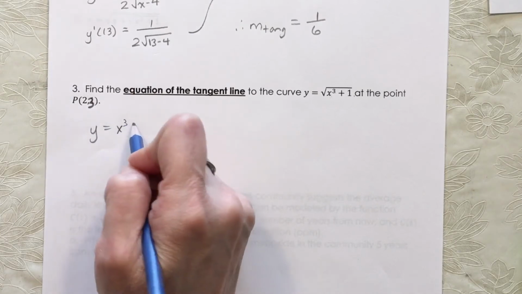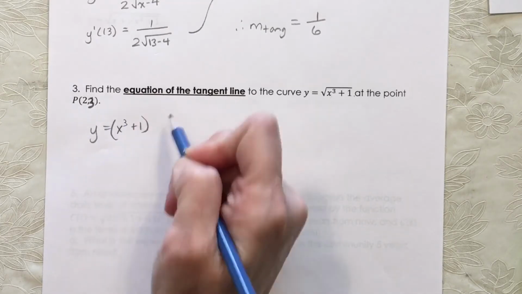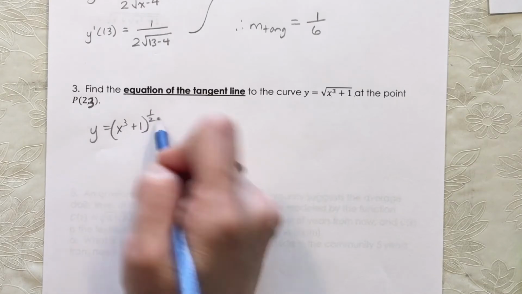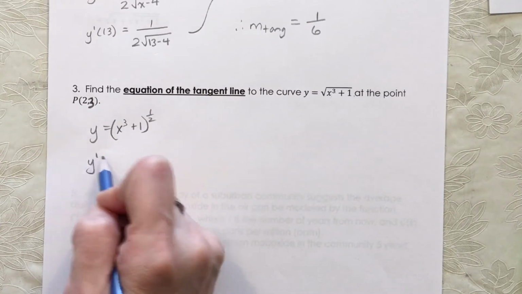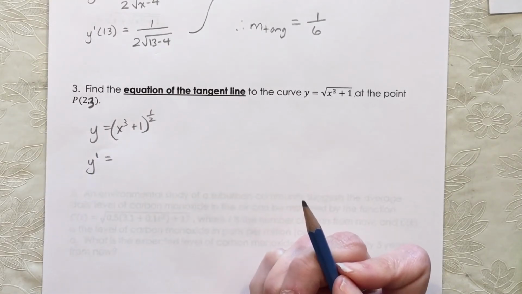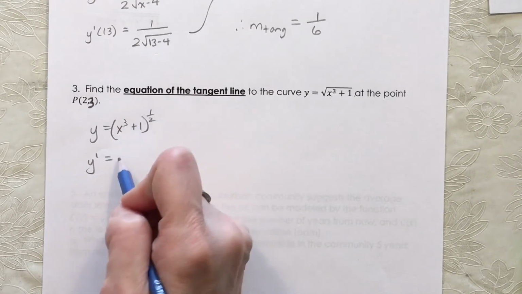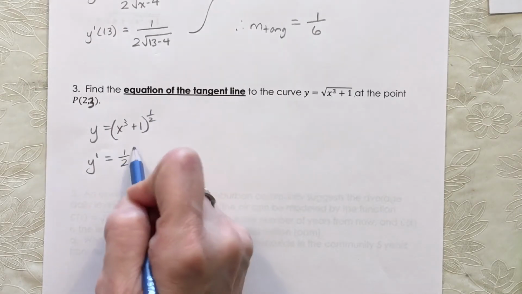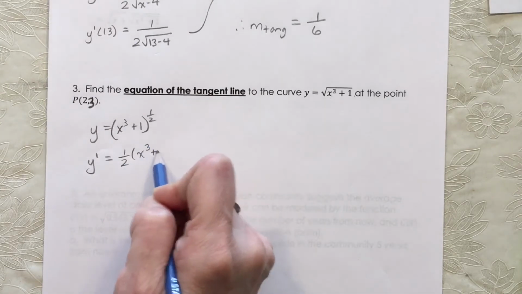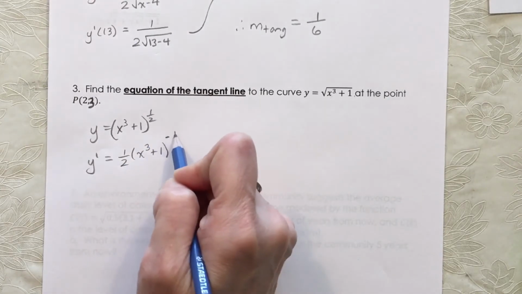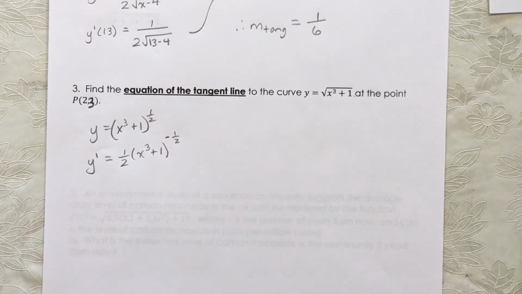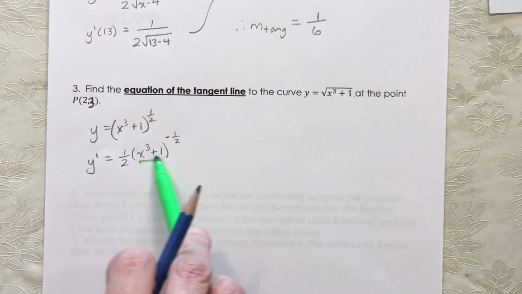So y equals x cubed plus 1, and then that's to the 1/2. Now we're going to find y prime. So that's going to be 1/2 times x cubed plus 1 to the negative 1/2, and then times the derivative of what's inside.